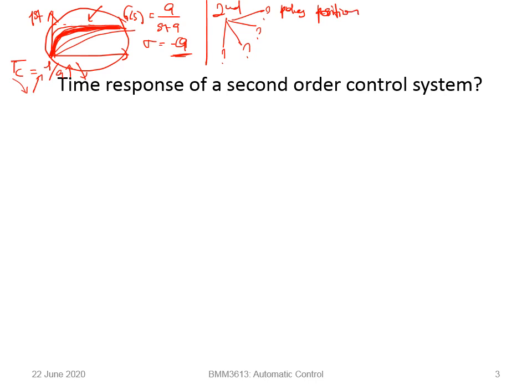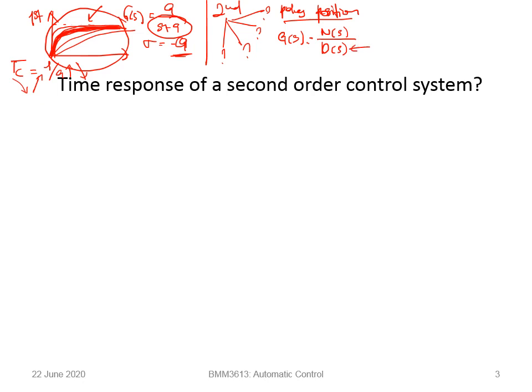A slight revision, a small reminder on poles position. So what are poles position? Poles position is when you find the roots of your polynomial. So again, G(s), your transfer function, can always be written as a polynomial on the numerator divided by a polynomial on the denominator. For example, in a first order system, this is the polynomial of the denominator.